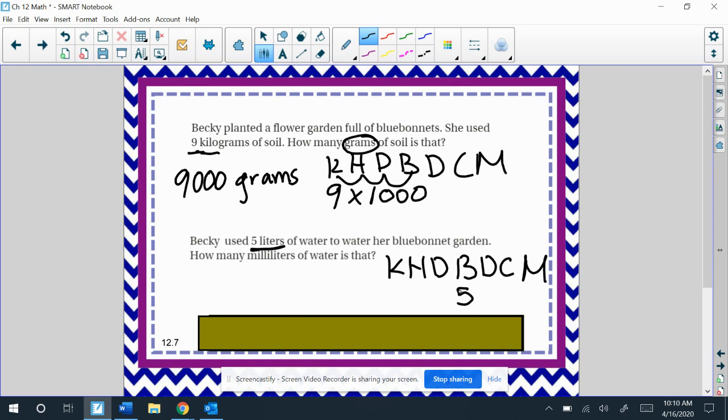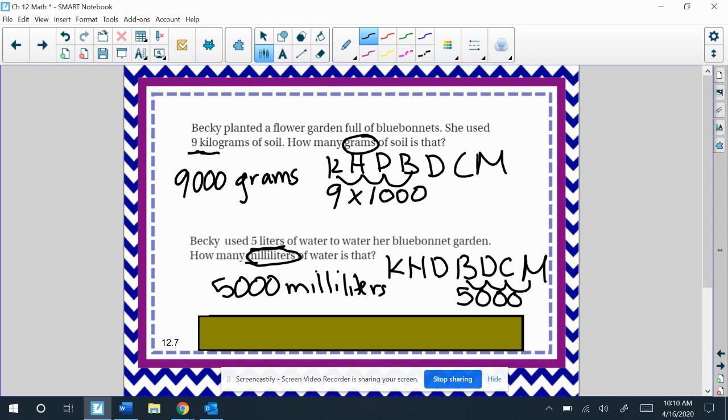And I'm going to go to milli. I went down to a smaller unit, so I'm multiplying by 1, 2, 3 zeros. My answer is 5,000 milliliters.